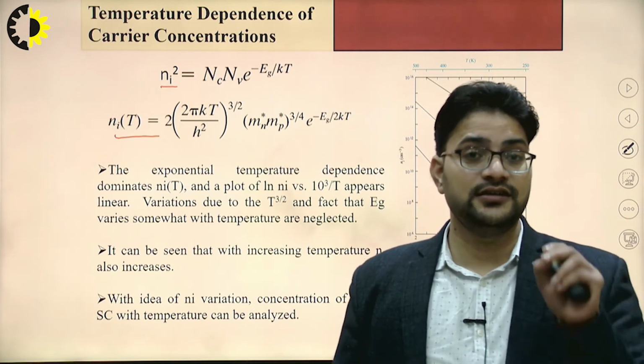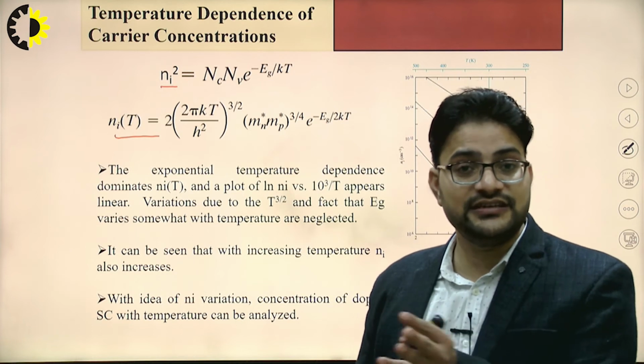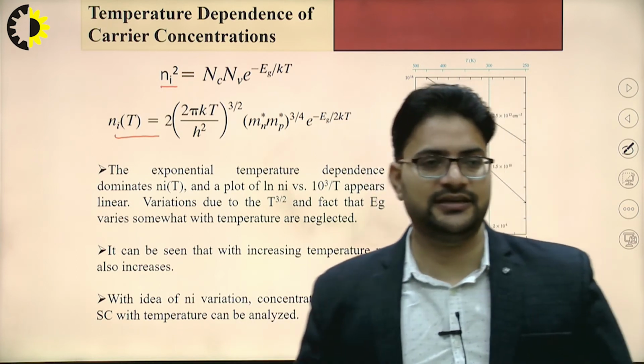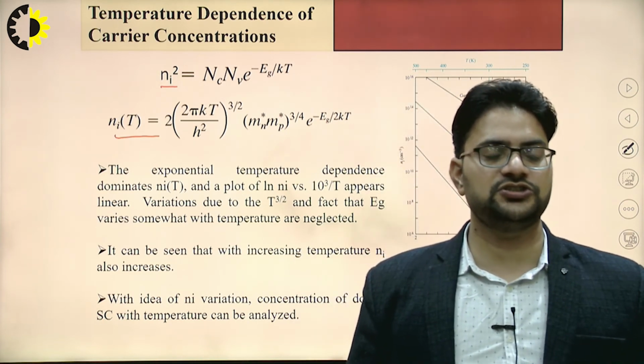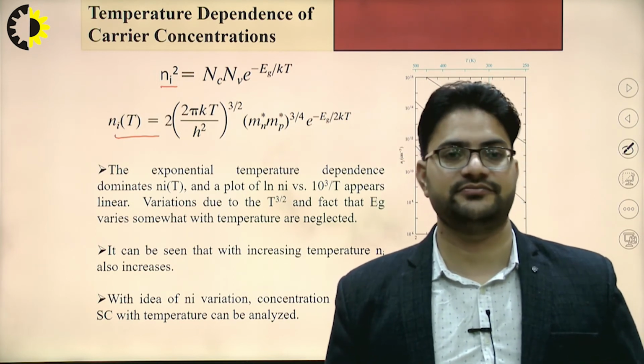That is, the intrinsic carrier concentration will increase with the increase in temperature. So if I discuss the variation of Ni, the concentration of the doped semiconductor with temperature, we can analyze this thing.